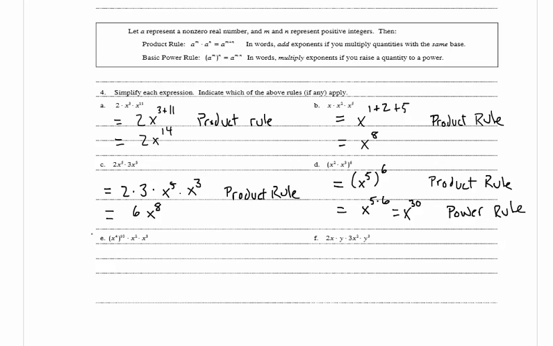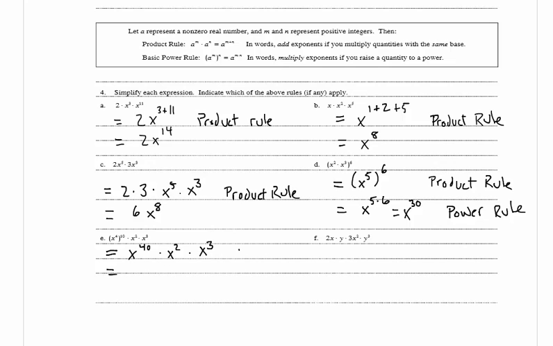In E, we have x to the 4th raised to the 10th times x squared times x cubed. The first thing I'm going to do is use the power rule, and I have x to the 4th raised to the 10th. And because we're using the power rule and we have an exponent raised to an exponent, we're going to multiply them. So I'm going to have x to the 40th times x squared times x cubed.